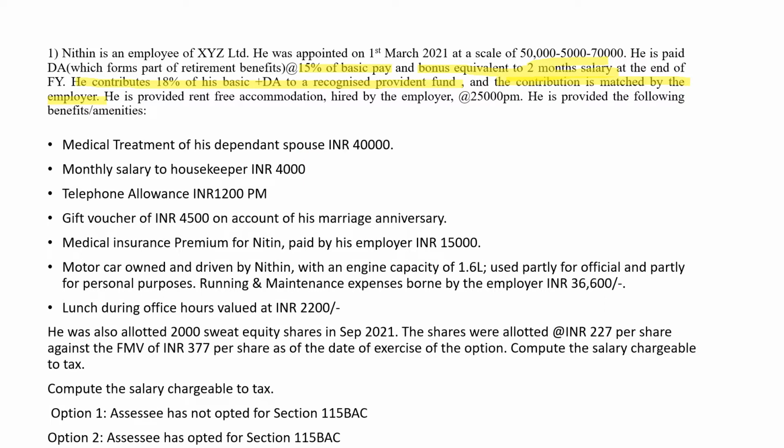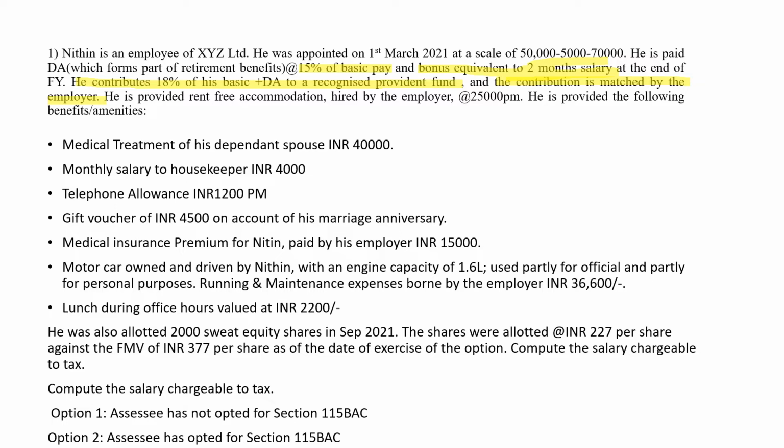And here the gift voucher of rupees 4,500, we will not take as taxable income because this is below 5,000. So this doesn't come under taxable allowance. Then medical insurance premium is completely exempted from income tax.